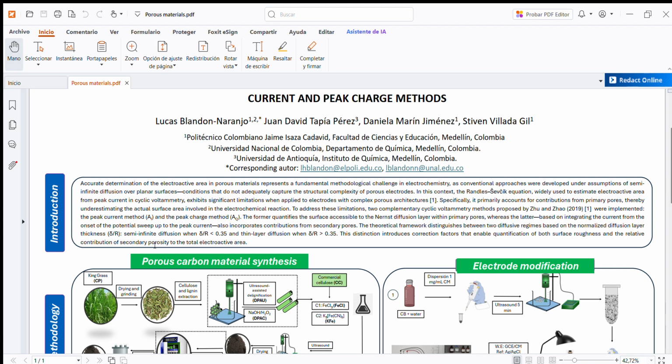But when you have porous materials, this approximation could not be valid, so we need to work on other new methods that could approximate the real electroactive area in a better way.